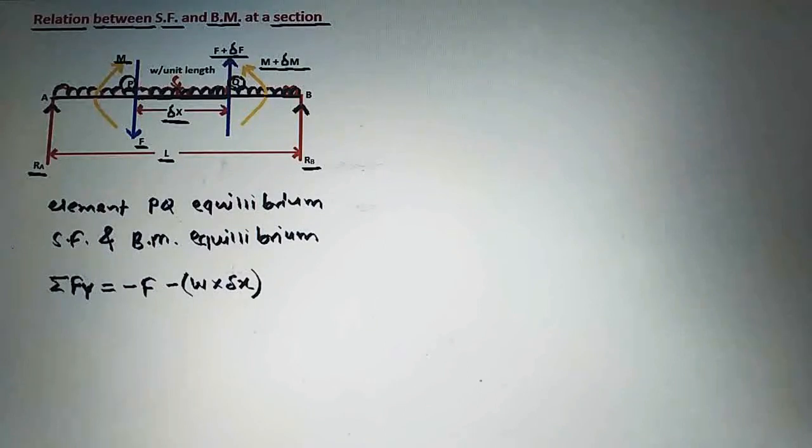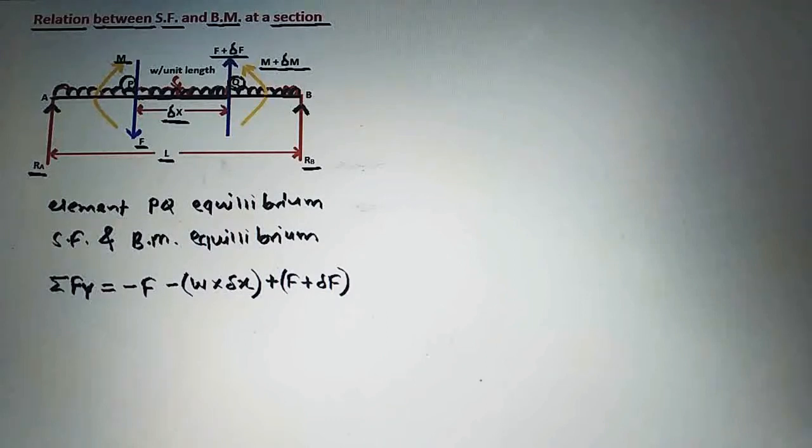This is the force of the UDL which is acting in a downward direction. Then we will take the force F plus delta F as positive here.